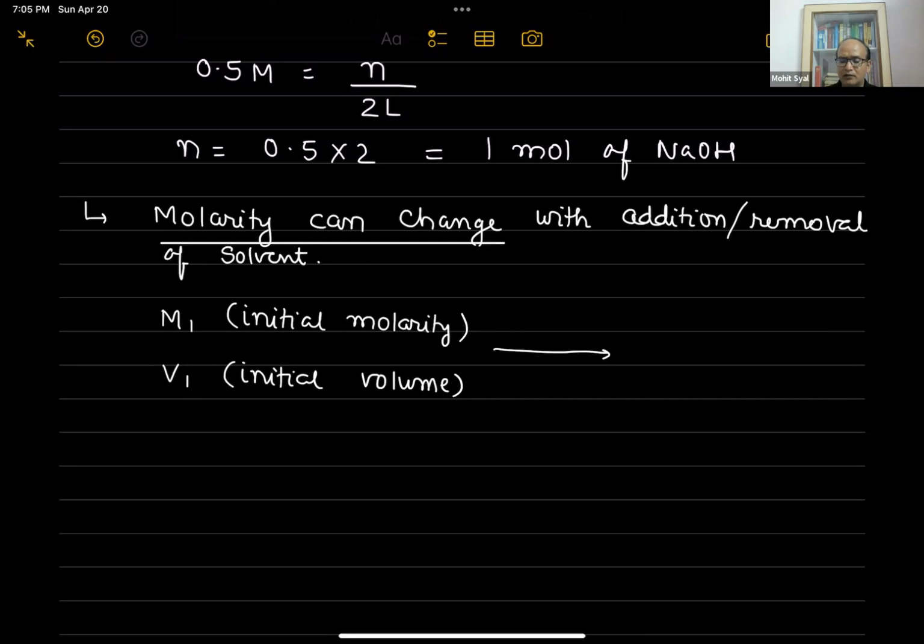And when you add water, addition or removal of water, the new molarity is M2, which is unknown, and the new volume is V2.